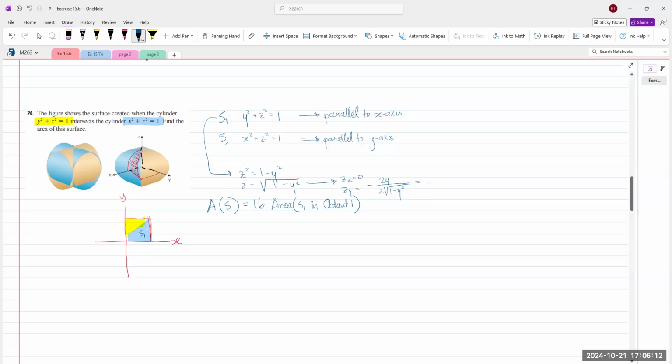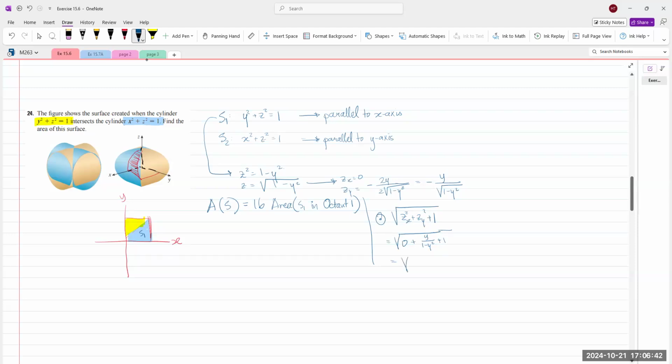The 2 cancels. Therefore the square root of z sub x squared plus z sub y squared plus 1 is equal to the square root of 0 squared plus y squared over 1 minus y squared plus 1.